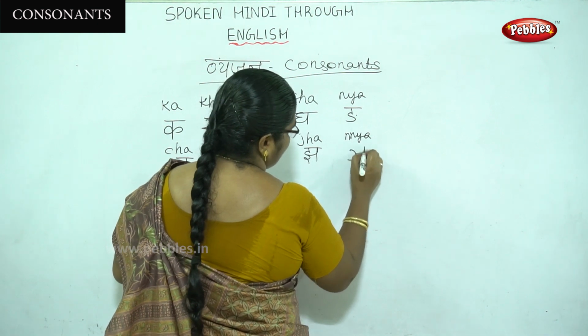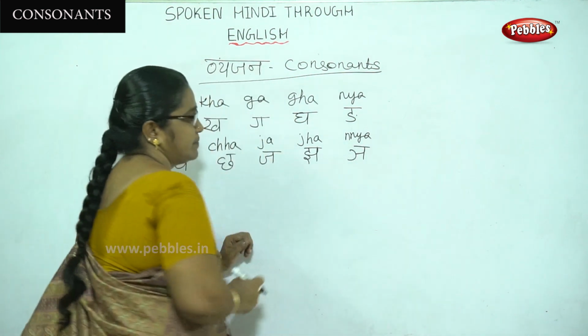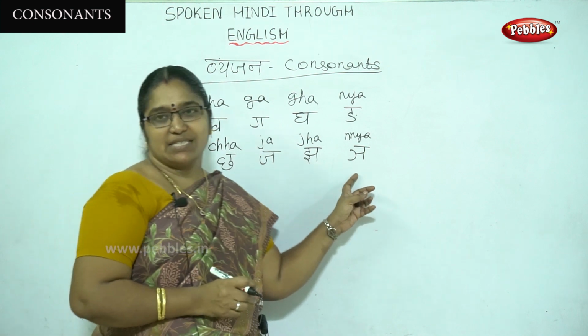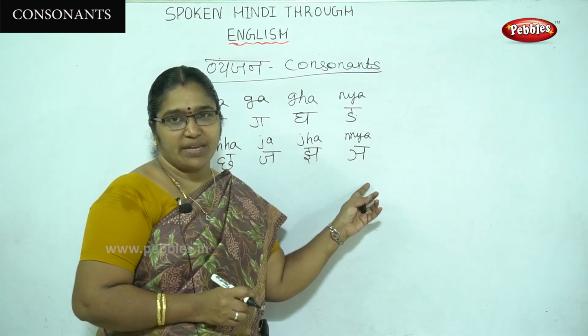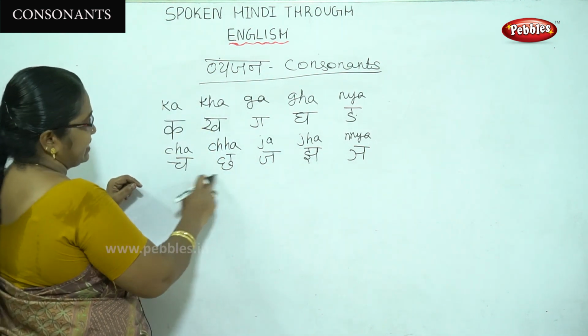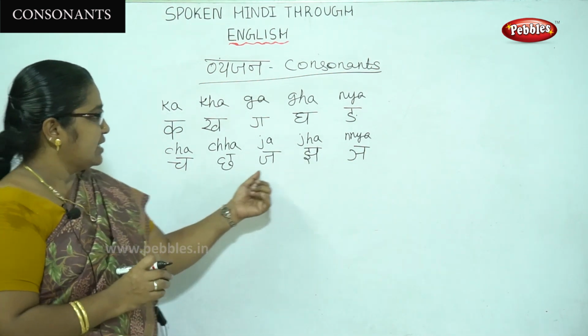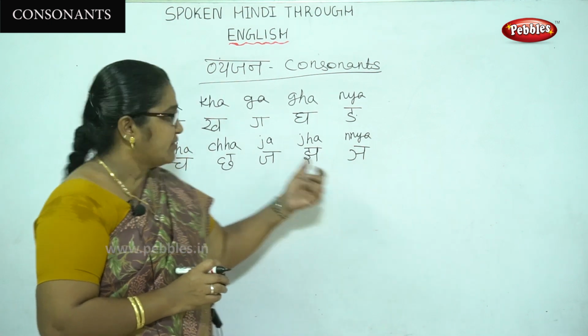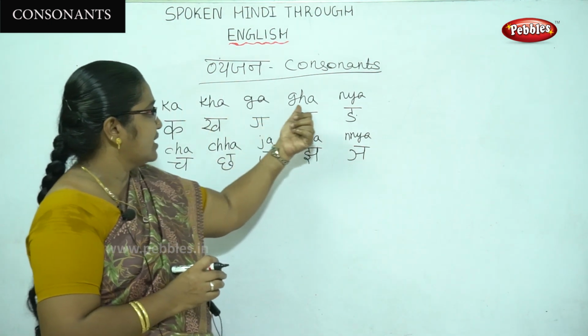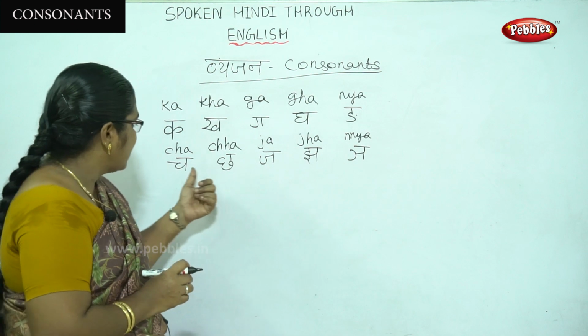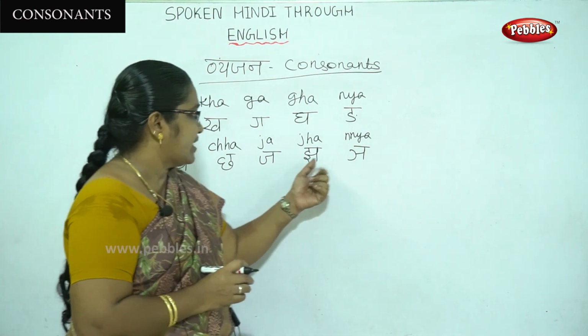We have to write a C reversed. The first line is ka, kha, ga, gha, nya. The second is cha, chha, ja, jha, nya.